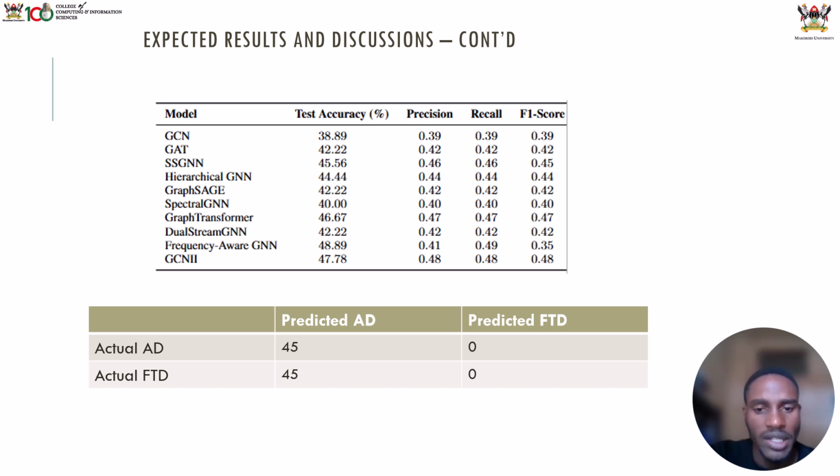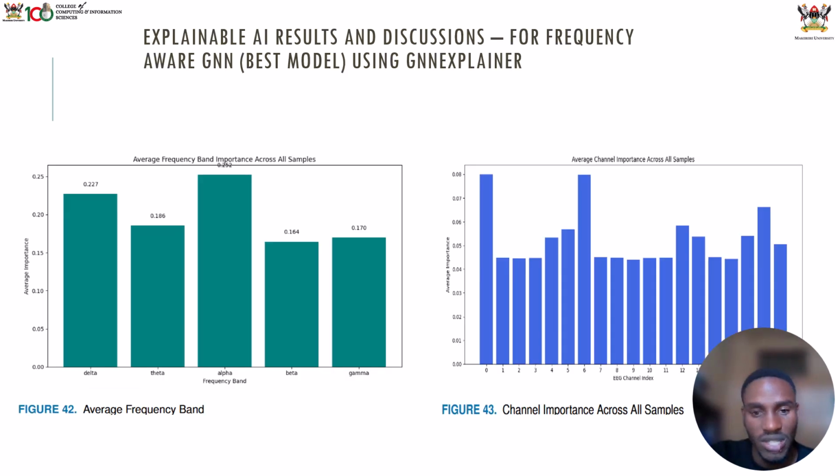For example, this model is very likely to predict a frontotemporal dementia person as an AD person.